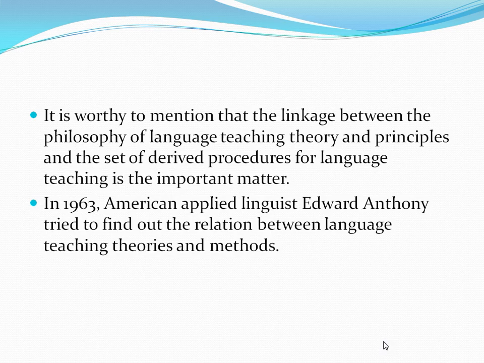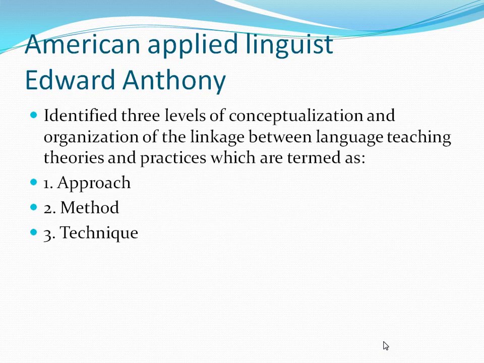In 1963, American applied linguist Edward Anthony tried to find out the relation between English language teaching theories and method. Getting this idea, finally we have got Edward Anthony. He came up with the relation and the linkages among methods, approaches and principles in English language teaching. He talked. Who talked?